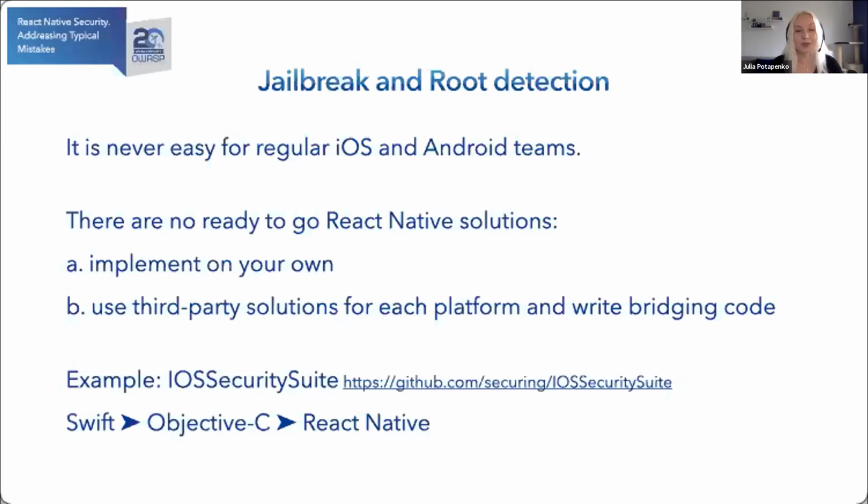But the problem here is that you have this library for iOS, written in Swift, but by default, React Native applications use Objective-C. So you write bridging from Swift to Objective-C, and then you write bridging from Objective-C to React Native. A lot of work, and it's just for one platform. It's just for iOS where we have such a nice library.